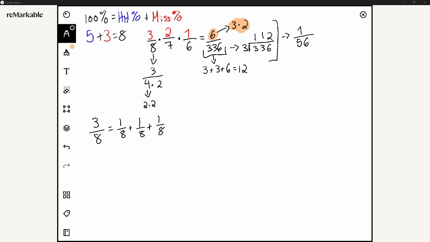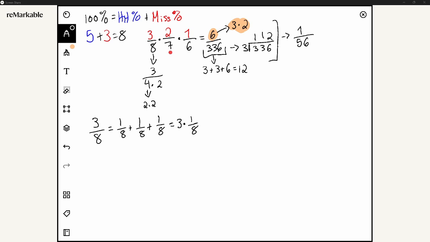We have 3 different copies of one piece of 8. But when we have any number of different copies of the same thing, well, that's just the number of copies we have of that thing times that thing. So hopefully this illustrates to you why we have 3/8 rewritten as 3 times 1/8.